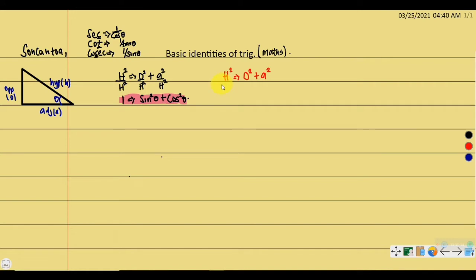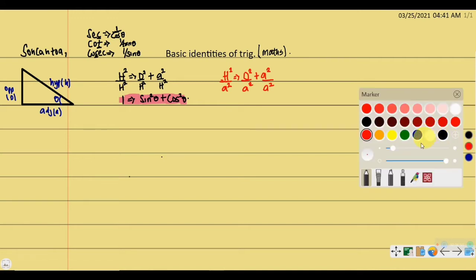Let's divide by the adjacent first to follow the proper way. Divide by adjacent square. We are still following the same methodology. So students should just follow me very well and please get every detail of what I'm trying to explain.